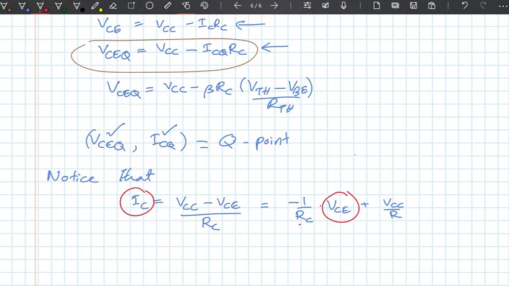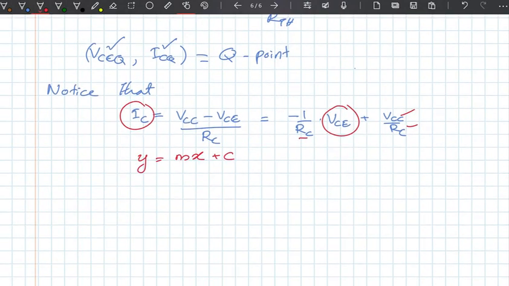RC is a constant, VCC is a constant. So what you have is something like Y is equal to MX plus C, where M, the slope of the straight line, is minus 1 over RC, and the intercept C is equal to VCC over RC.